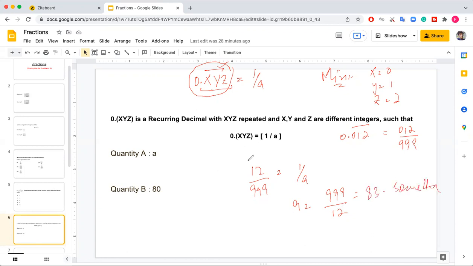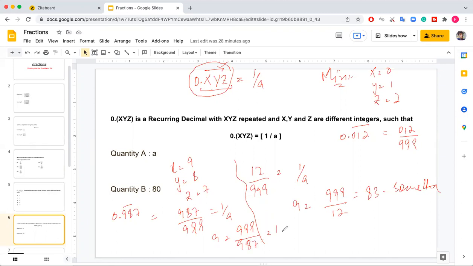Right? Now let's see the other scenario and try to get a maximum value for x, y, z. How is that possible? If x is 9, y is 8, and z is 7, so 0.987, this is 987 divided by 999 is equal to 1 by a, and a is equal to 999 divided by 987.